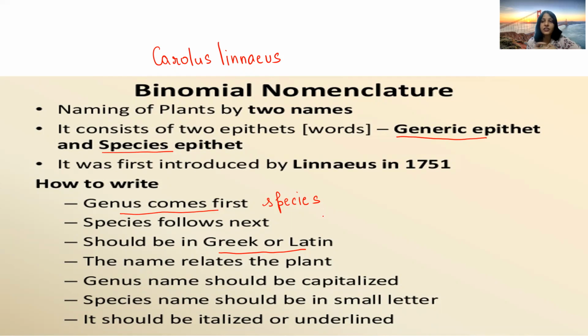So if we use the English language to give the scientific name, then it might happen that with evolution, the scientific name might get changed, which will cause confusion among the scientists. So we keep the Greek or Latin language as they are almost dead languages, and there is no change going to happen in those languages. The name should relate to the plant or the organism.